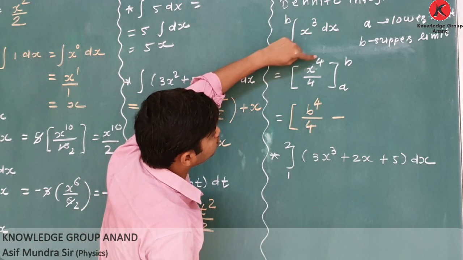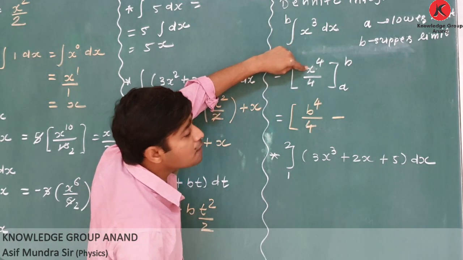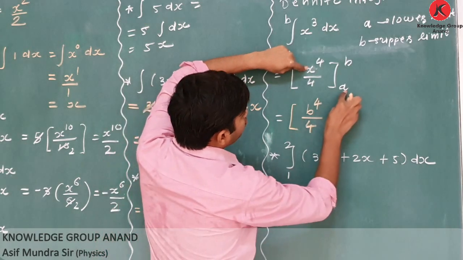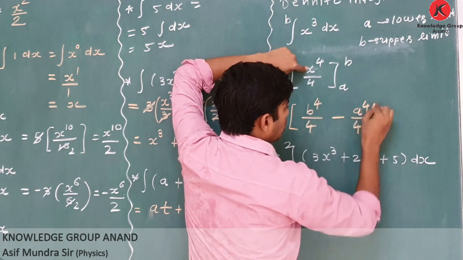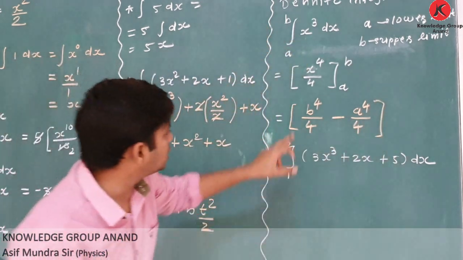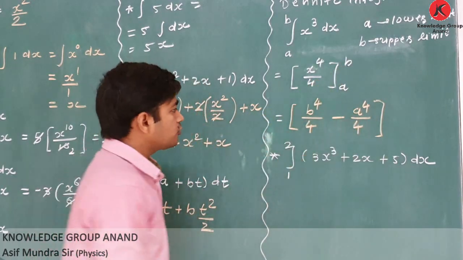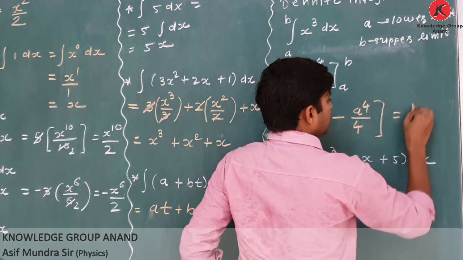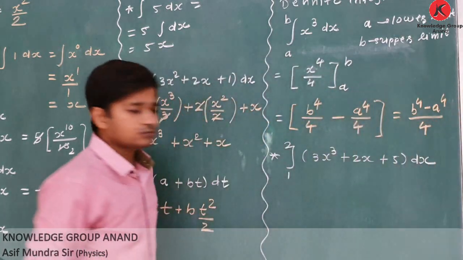Now in x raised to 4 upon 4, you have to replace this x by lower limit. What is lower limit? A. Then it is a raised to 4 upon 4. So you have to remember one equation, upper limit minus lower limit. You can also write this as b raised to 4 minus a raised to 4 divided by 4.